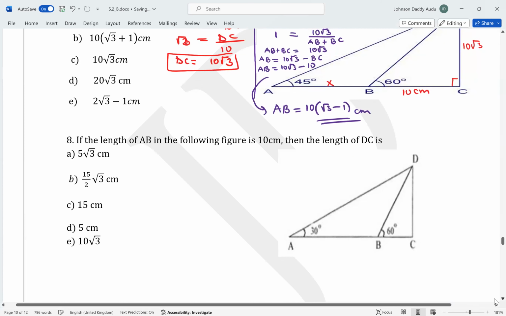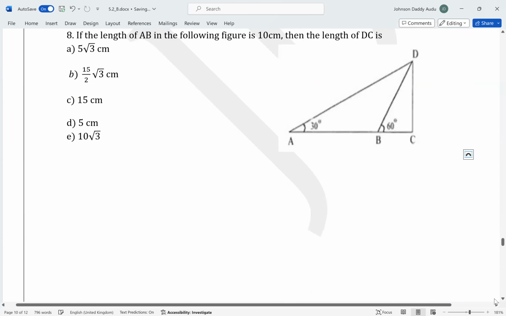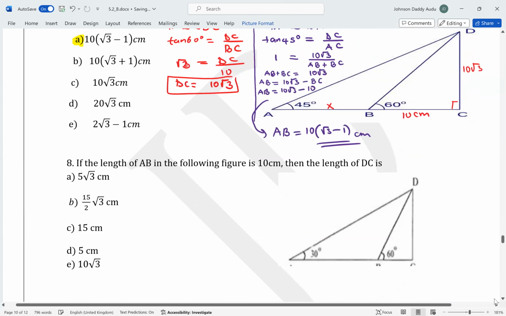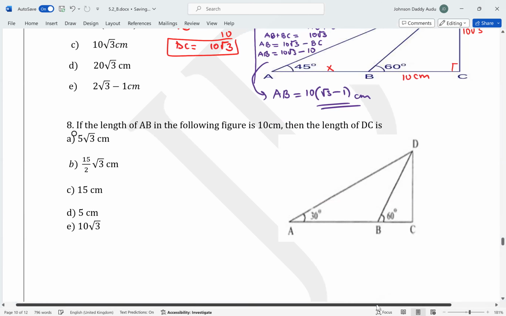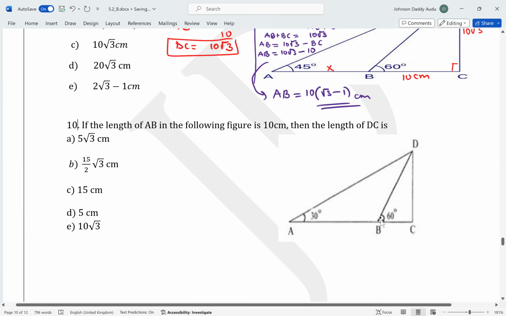Okay. So this should be question number 10. So here the length AB is 10 centimeters. Then we're interested in the length DC. Where is DC?